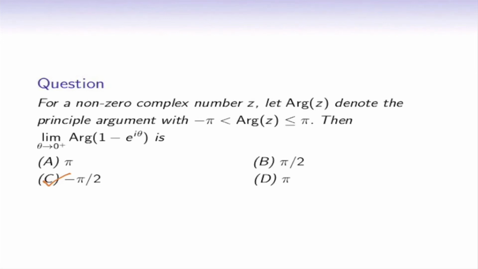Before proceeding further, I would like to give the following remark. One may wonder why in the question we are asked to find the right limit of this function instead of asking the limit of this function. Let me give the following remark in this regard.